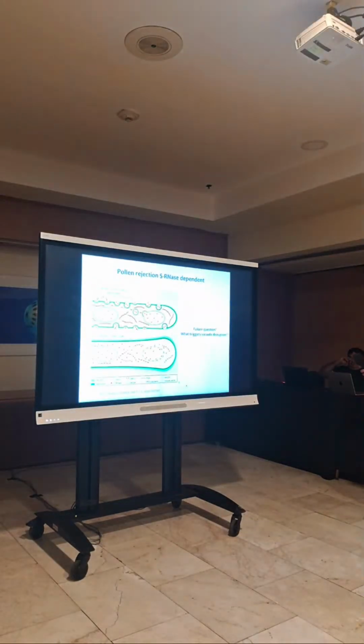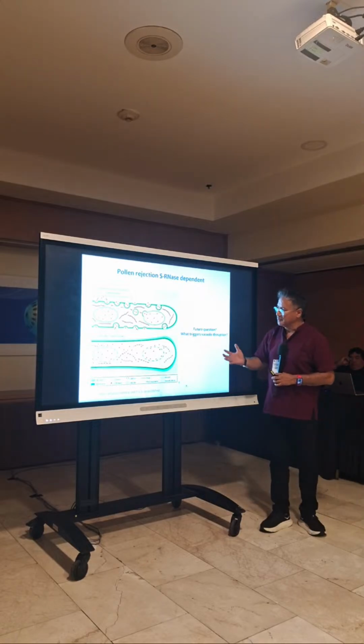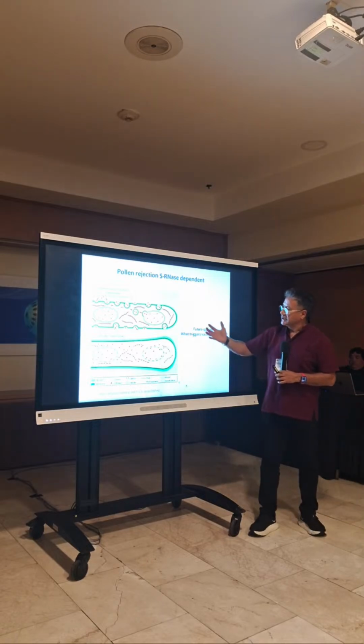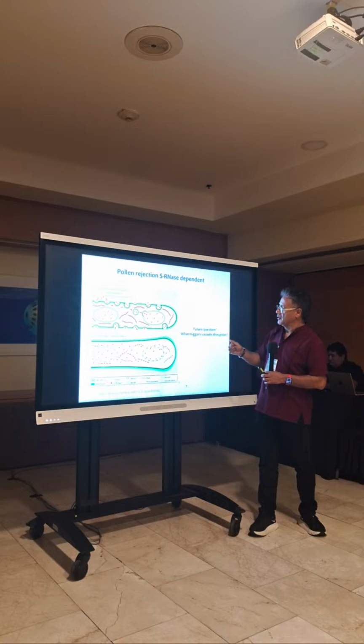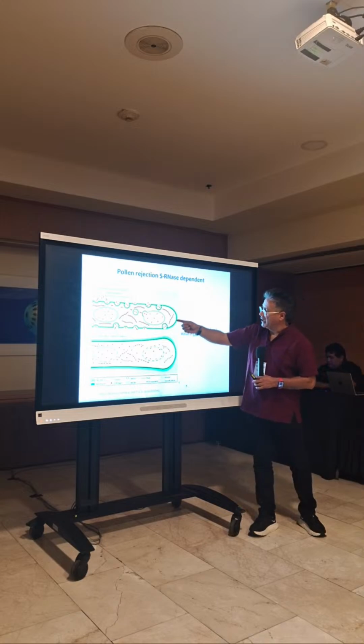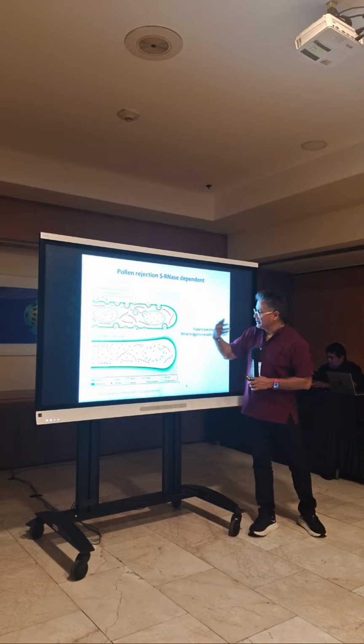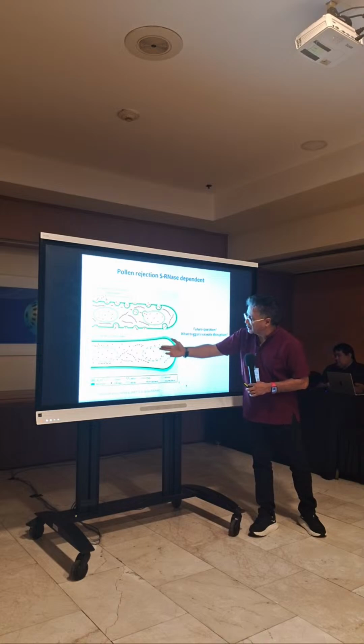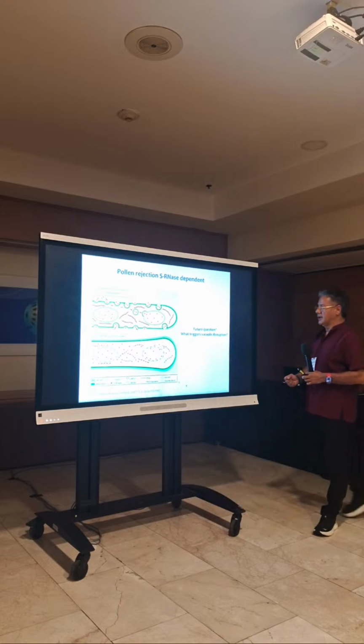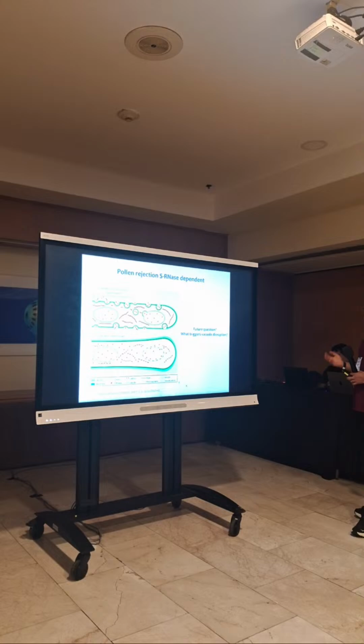So finally, we have this model. This is a very simple model, where the sRNAs get inside the pollen tube through endocytosis, and then they go to the vacuole, and this vacuole, after a few minutes, is disrupted, and the sRNAs end up in the cytoplasm, where they are degraded.